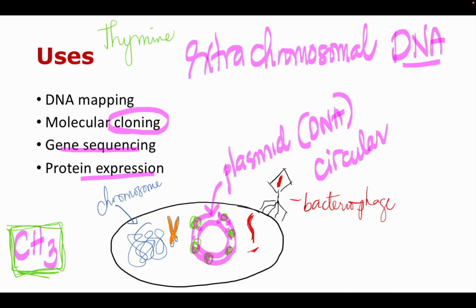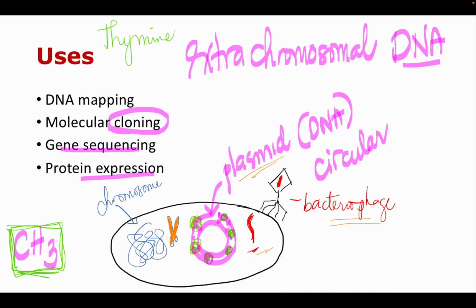So take note, plasmids are DNA. The bacteriophage will have to inject its DNA. And of course, the restriction enzyme is cleaving the DNA. In order for the host DNA to be protected, the methyl group will do its function.